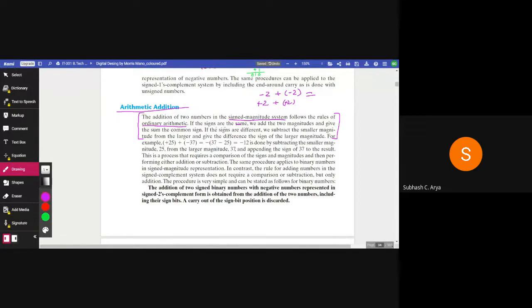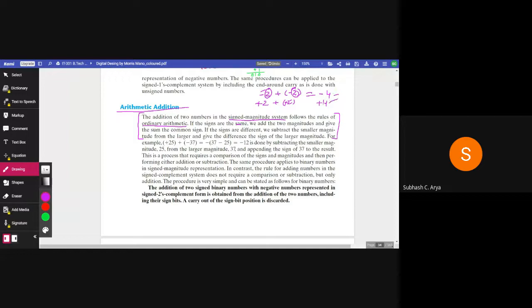If the signs are same, that is, negative, negative, or positive, positive, we add the two magnitudes and give the sum the common sign. So 2 and 2 will be 4, and we put the common sign, which in this case is negative. Similarly here we add the magnitudes 2 and 2, it becomes 4, and the common sign of these two numbers is plus.